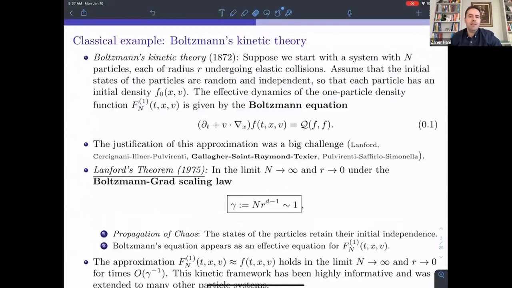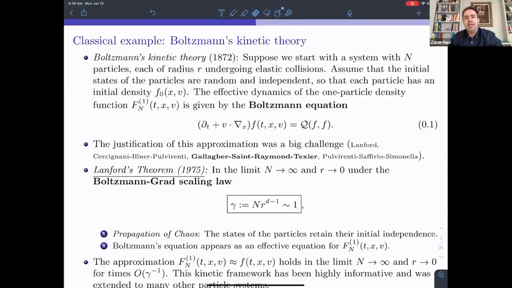So Boltzmann's theory tells us that suppose you start with a system of n dilute particles, and each of those particles has a radius r, and we suppose those particles are undergoing elastic collisions. Again, we assume that the initial states of the particles are random and independent, so that each particle has an initial density, say f naught of x, v. This tells you the probability of finding this particle at position x and moving at velocity v.